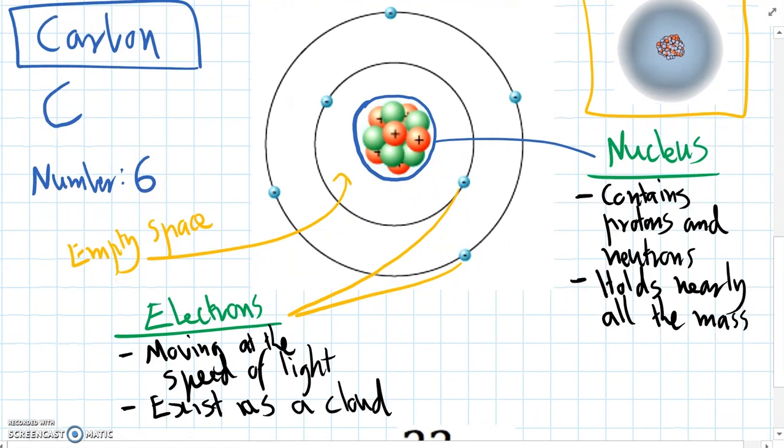They're flying around so fast that we just say they're in there somewhere. So that's a carbon atom. If we actually count now, it's got 1, 2, 3, 4, 5, 6 protons. It's got 1, 2, 3, 4, 5, 6 neutrons.